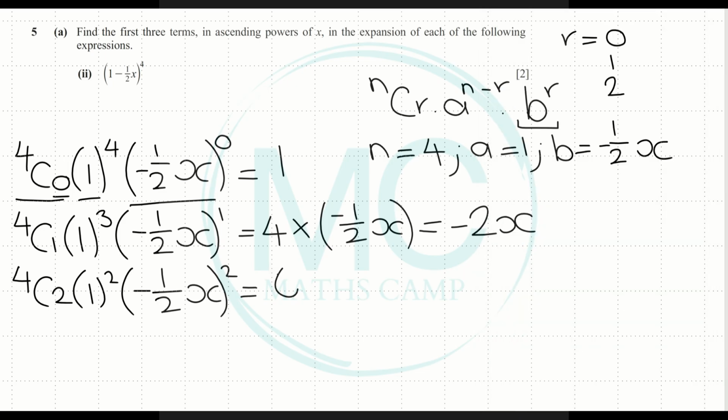So we have 6 multiplied by negative 1 over 2 squared gives us positive 1 over 4 x squared. Let's multiply this out, and our third term is 6 over 4 x squared.